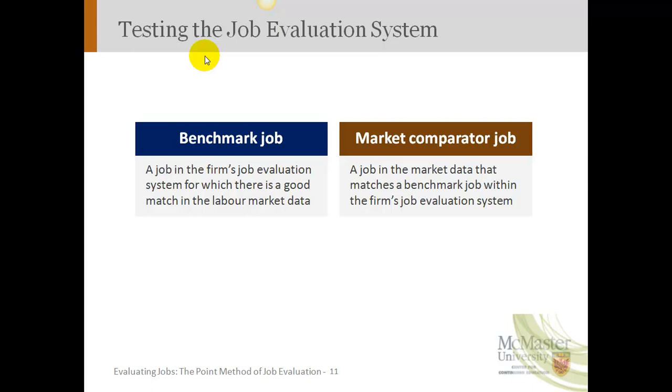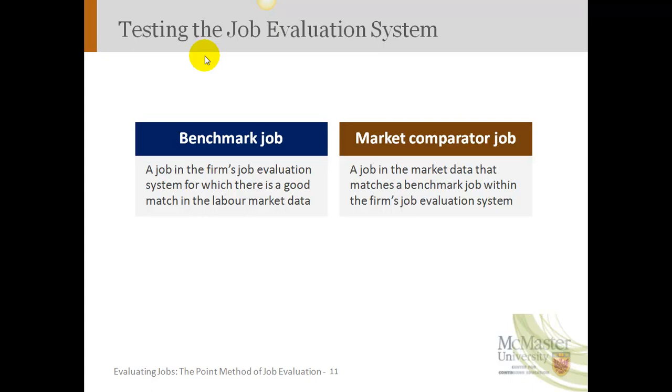Now I've got to go out into the marketplace and see what are the closest job matches I can get in my organization out in the labor market. And now I want to do a little salary survey and see how much they are paying those jobs. That's the basis upon which our third learning objective is going to be met and help us to design an actual pay system whereby we're going to be able to say, are we paying these jobs fairly?